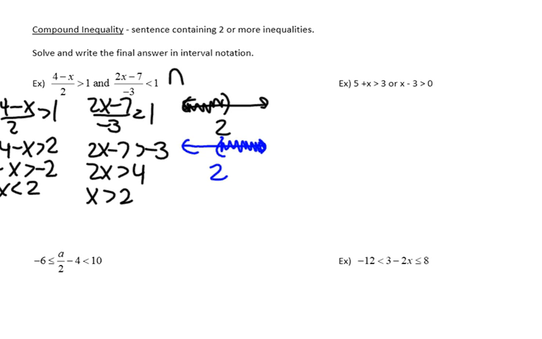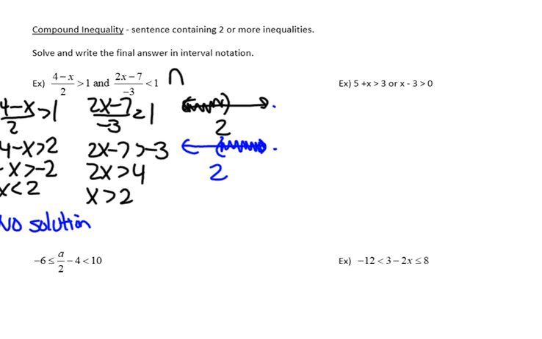Again, it does not look like they're going to intersect anywhere. So then somebody might say, well, how about a 2? The problem is 2 is not a solution here, and it's not a solution here. So if they don't intersect, and 2 is not a solution for both, this is a no solution.